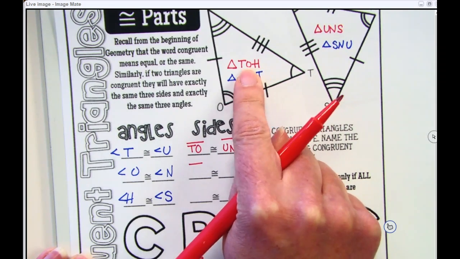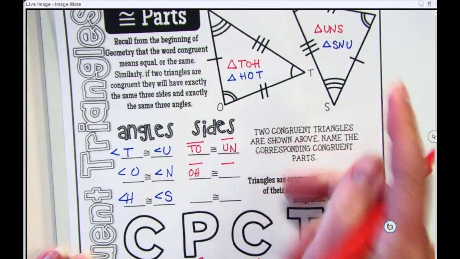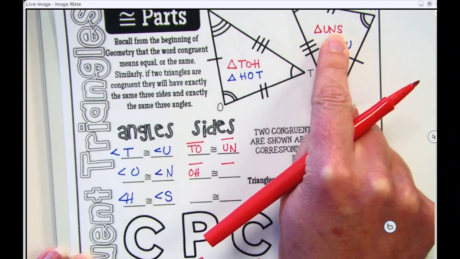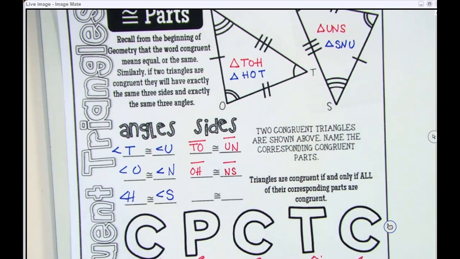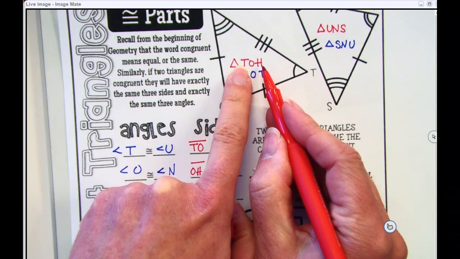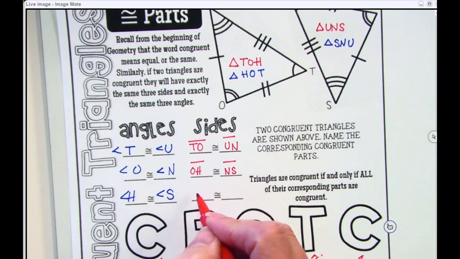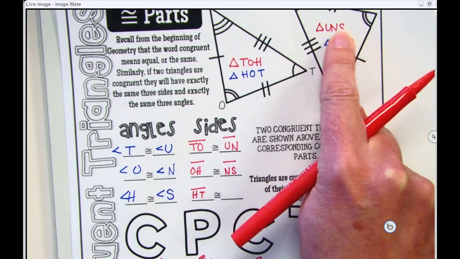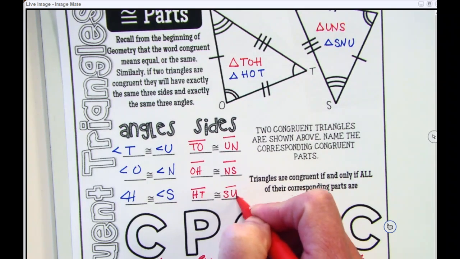Side OH is going to go with side NS. What's the third side? How do I make that work? HT. So end to end, HT or TH, does it matter which way we say it? No. But if I say HT here, maybe I better say SU on the other one.